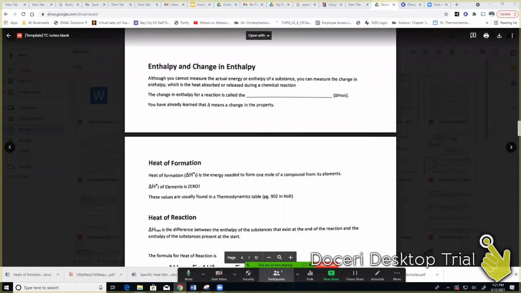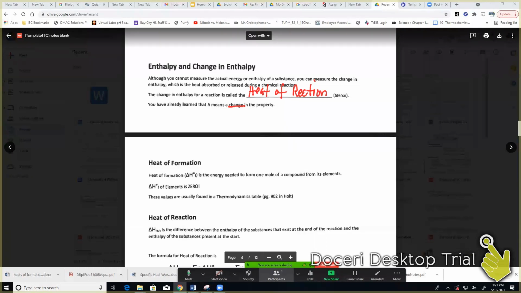And that change is called the heat of reaction. So usually by measuring the temperature, we can then figure that in to get our heat of reaction. And the little triangle means delta, but for us, that's a change. So in this case, we're looking for a delta H of reaction.